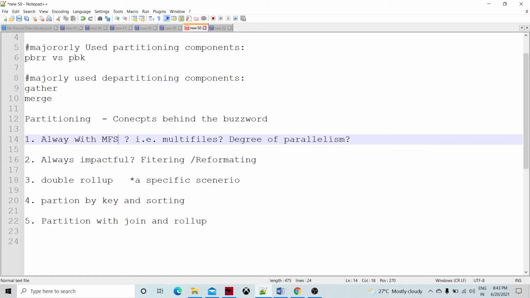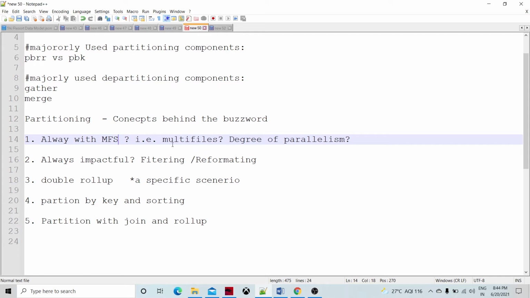When specifying the layout, you go to custom and give many serial files, and you can assign them. Then the component would be running in parallel. So we don't always need a multifile system to be created for a component to process in parallel, right?